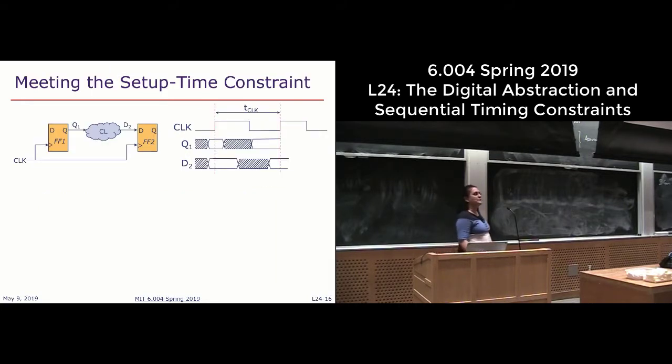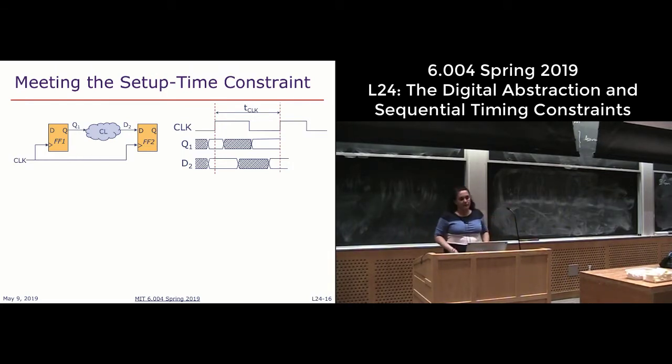Now, how do I go about meeting the setup time constraint for a sequential circuit? Let's look at a simple example. We've got here two registers, let's call them flip-flop 1 and flip-flop 2. You should notice also that the actual registers themselves might come from different technologies, so they might have different parameters which you need to keep in mind.